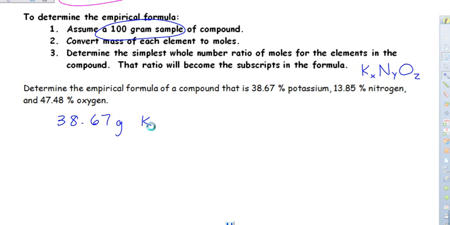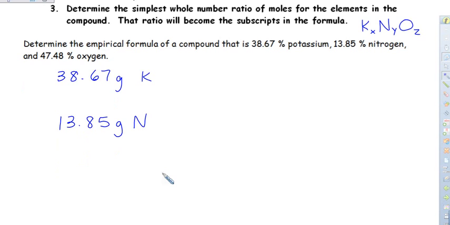And if I had a 100 gram sample, I could say that it would have 13.85 grams of nitrogen, and I can do the same with the oxygen. If it's 47.48% oxygen, I'm going to say there would be 47.48 grams of oxygen in this sample.